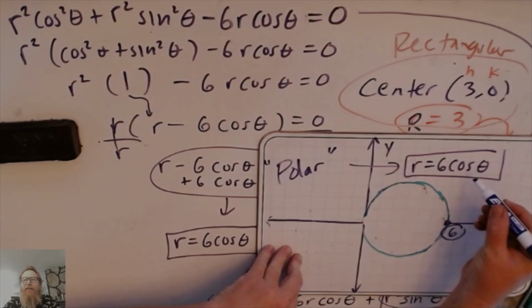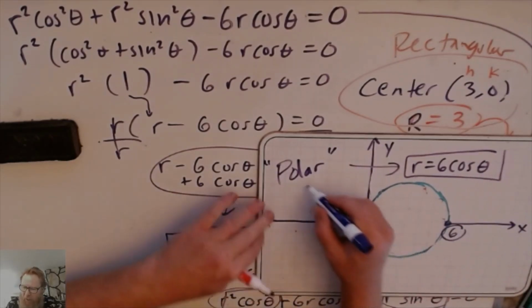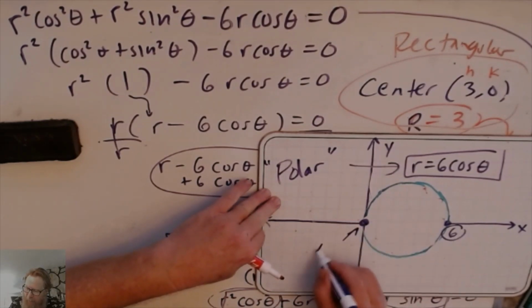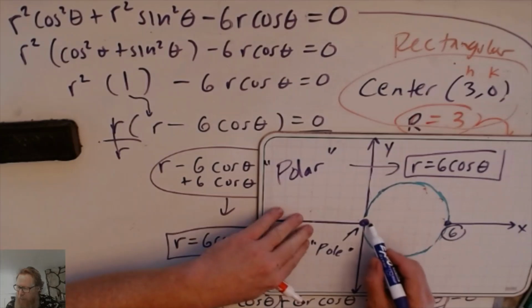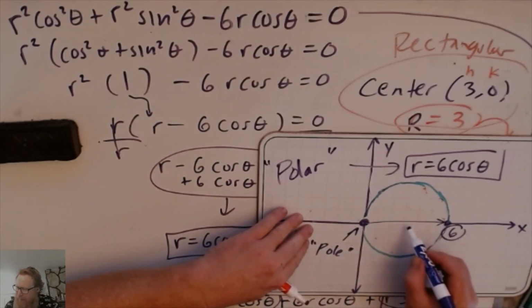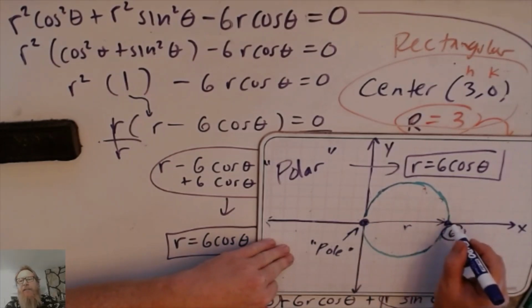So when theta is equal to 0 degrees, in polar form, everything starts at the pole. You have to imagine your radius is going like this. It starts at the pole and goes out to 6.